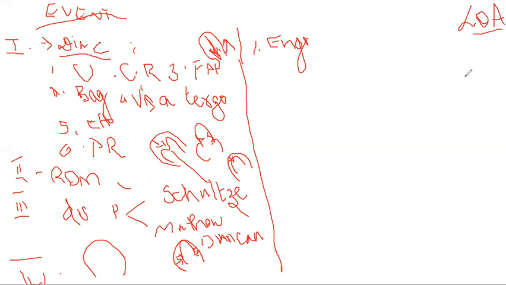Don't go into all those details. Suppose this is your pelvis and this is the head of the baby, and this is the eye. So this is left occipito anterior. Engagement means the head is entering into the maternal pelvis.